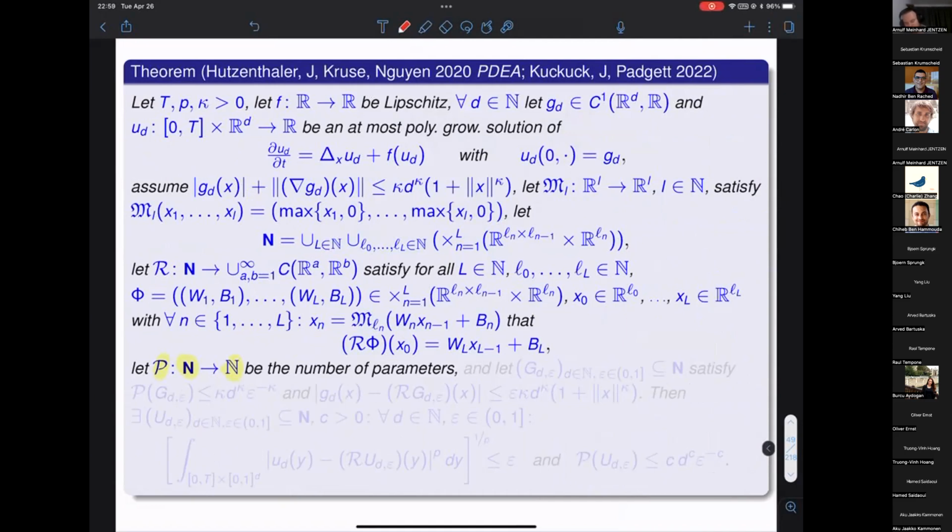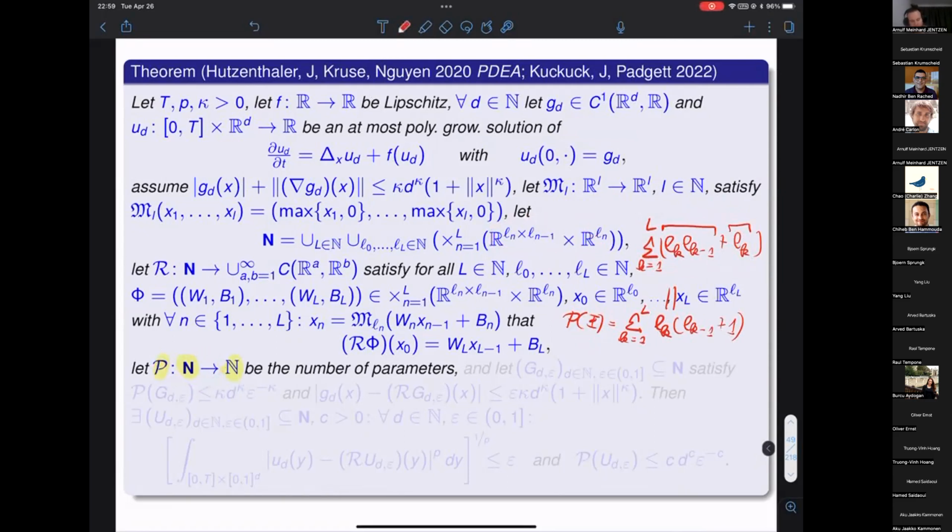The precise definition is P(phi) equal to the sum from k=1 to L of L_k multiplied with L_{k-1} plus 1. This is nothing else but the sum from k=1 to L of L_k times L_{k-1}, the number of parameters for the matrix, plus L_k for the affine linear transformation, for the inhomogeneity, the number of real numbers in the vector. That defines the number of parameters. So these are just the number of scalar real numbers used to describe such a neural network.